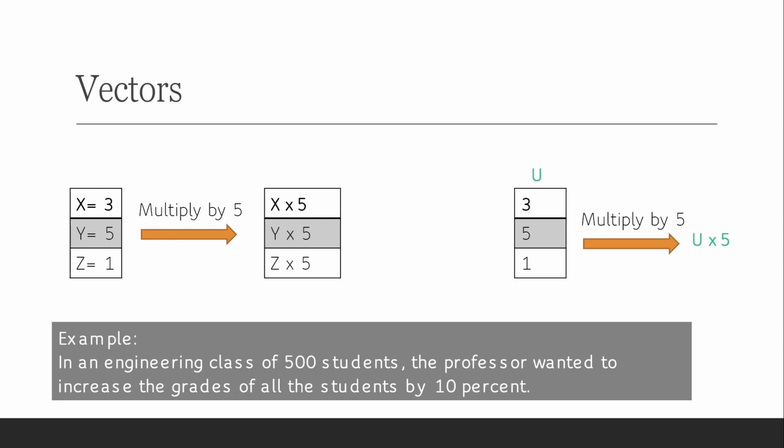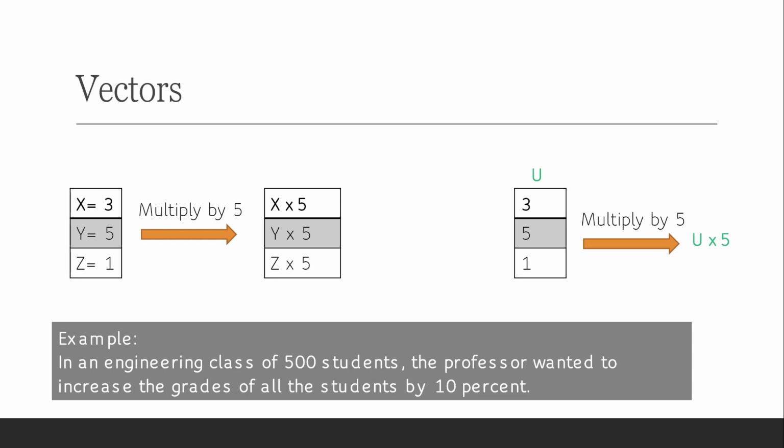Now, someone will say, give me a real example, something that we really use in our daily life. Imagine that you are in a class of 500 students and you are one of the students, and your professor wants to increase the grade by 10%. If the professor chooses the first approach, he is going to have 500 rows, and for each row he is going to multiply by 10% of the original grade.